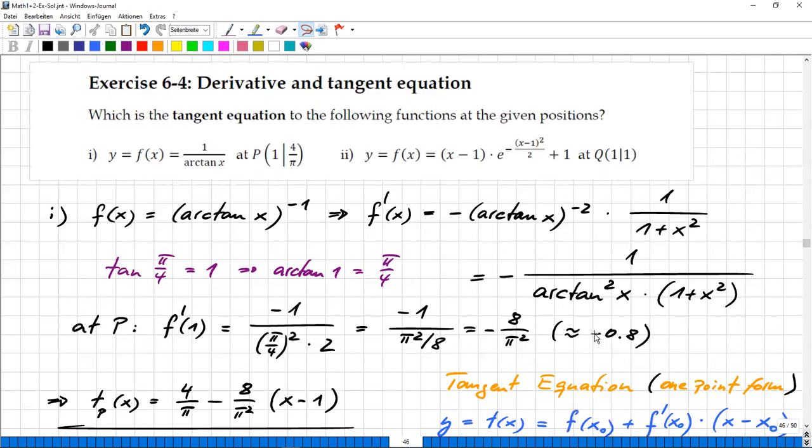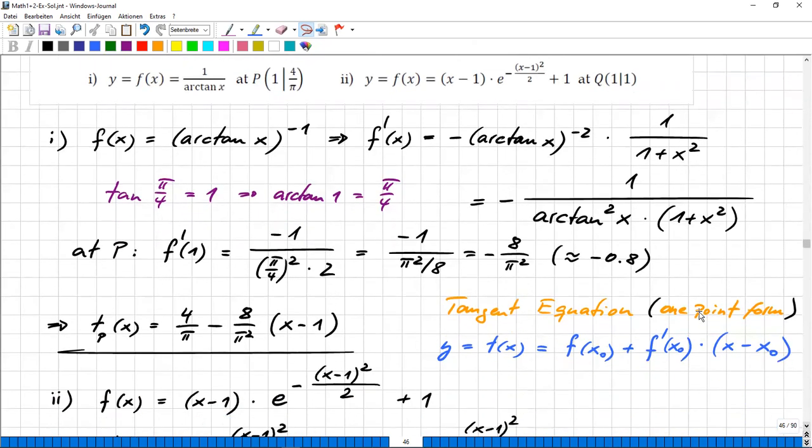And now I call it Tp of x, which is the tangent equation at point P of x as a linear equation. You should know it. It's the so-called one-point form of the tangent equation.